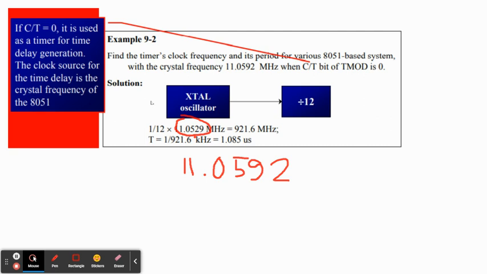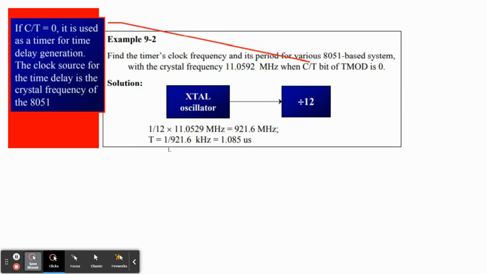Now, if this is really the required or given frequency in the problem, then we will calculate it in a similar fashion: first divide the number 1 by 12 and then multiply it by 11.0592 or 529, whatever it is, and you will get 91.6 megahertz.